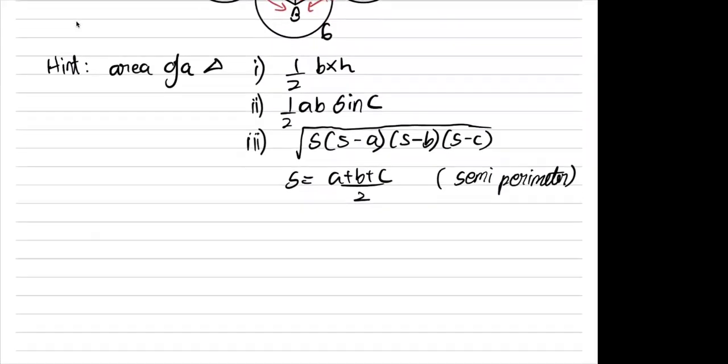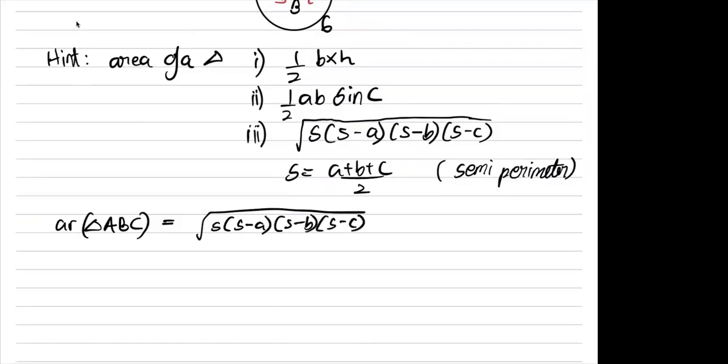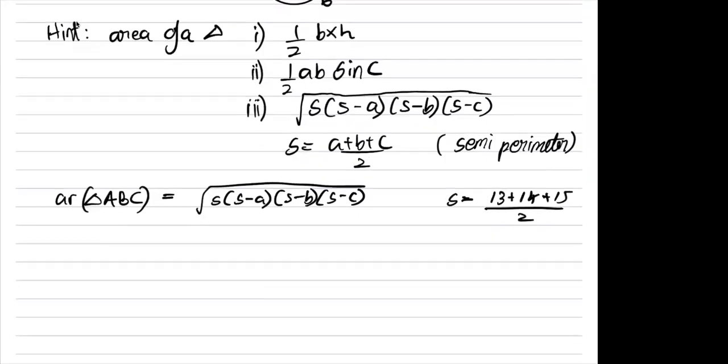Okay. So area of triangle ABC is equal to under root of S into S minus A, S minus B, S minus C, where S is equal to 13 plus 14 plus 15 divided by 2, and that is 42 divided by 2, so 21.